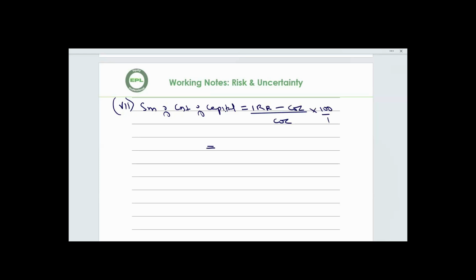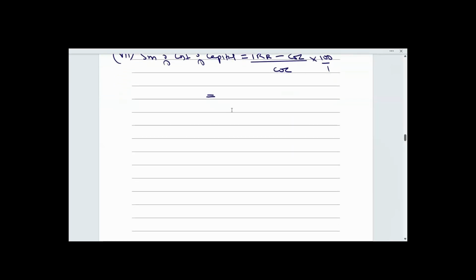So looking at this formula, we have internal rate of return. So it means that we need to go and estimate internal rate of return before we can calculate sensitivity margin of cost of capital. So let's come here.